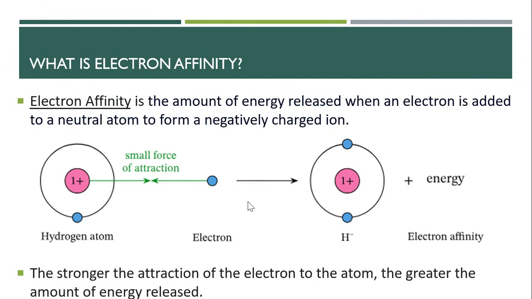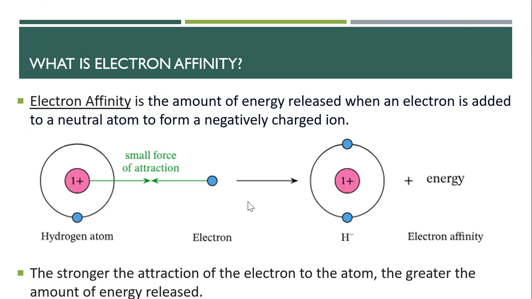And the stronger the attraction of the electron to the atom, the greater the amount of energy that's going to be released. So electron affinity is the amount of energy released when an electron is added to a neutral atom to form a negatively charged ion. As you go from left to right, because there's going to be a stronger attraction because it has more protons, you're going to have an increase in electron affinity. As you go from top to bottom, you're going to have a decrease in electron affinity.